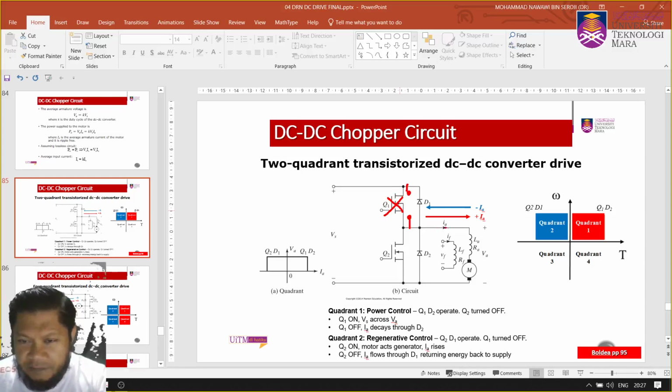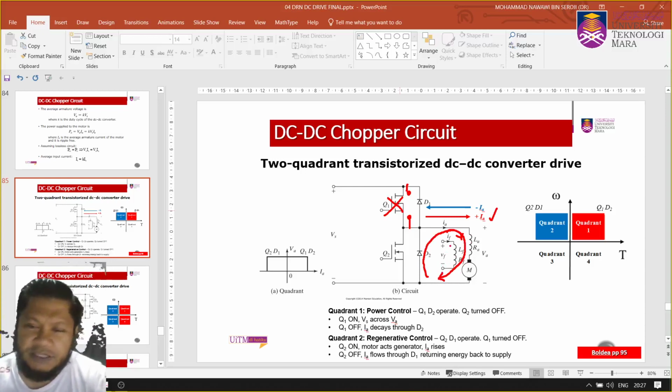Still we have current flow in the output side, isn't it? Still IA flows in that direction. Therefore, it will go through D2. So IA will continue to flow in this loop, this circuit, and therefore current starts to reduce because you have a negative voltage here, isn't it?